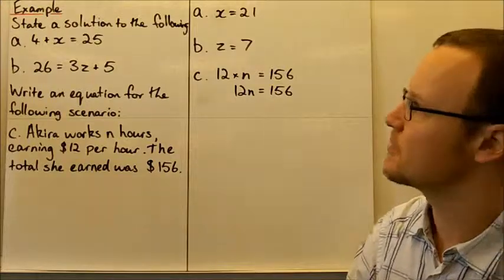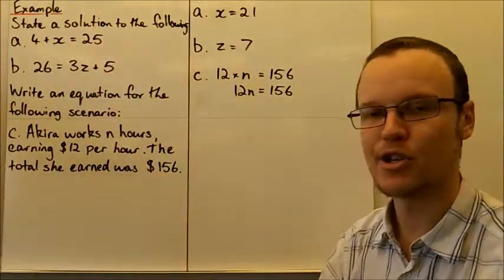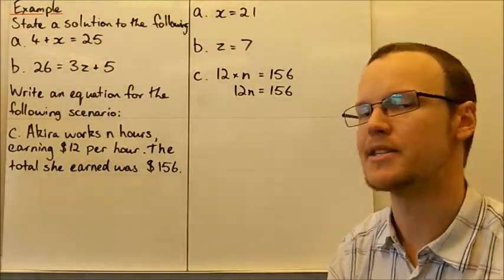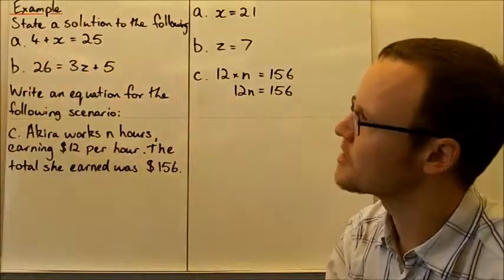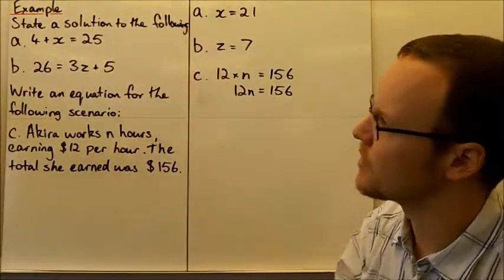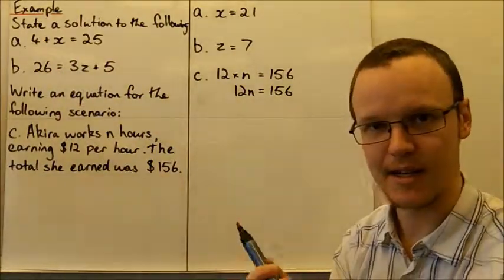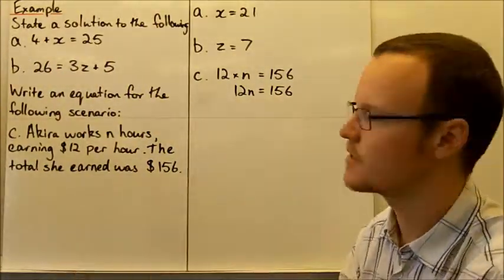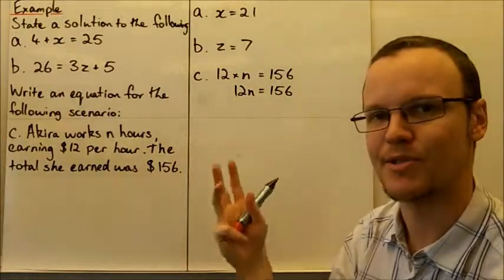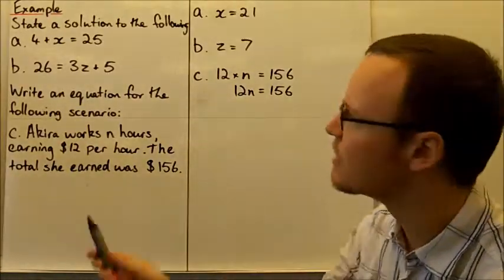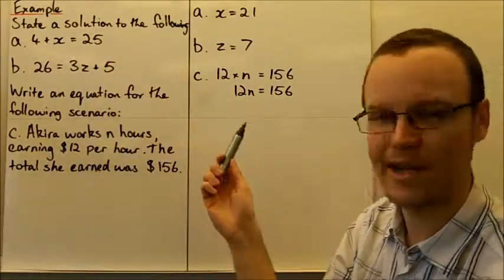Let's look at some examples. State a solution to the following. We need to make these statements true. 4 plus x is equal to 25. So there are our two expressions: 4 plus x on the left-hand side and 25 on the right-hand side.